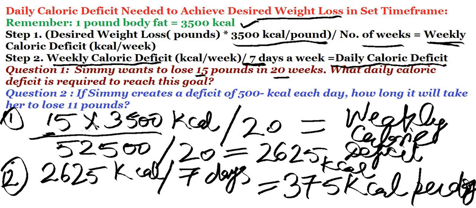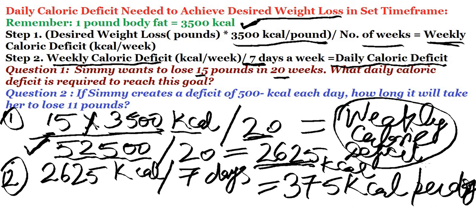We multiply 15 pounds with 3500 kilocalories, as there are 3500 kilocalories in 1 pound, divided by number of weeks, 20 weeks, giving weekly calorie deficit. 50,500 divided by 20 gives 2625 kilocalories weekly calorie deficit.